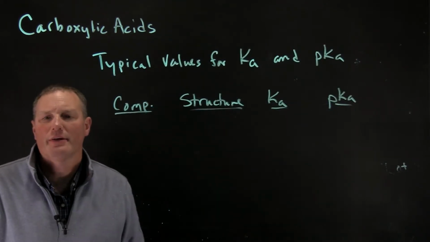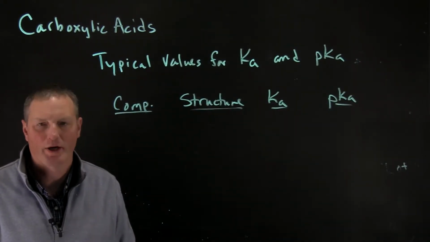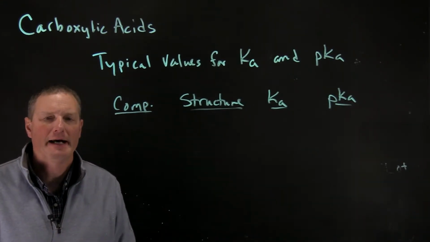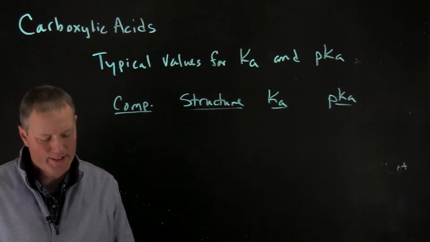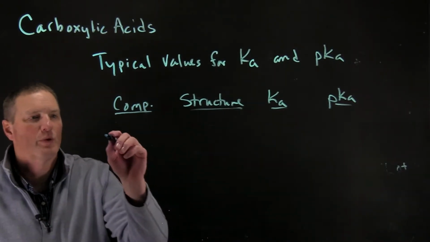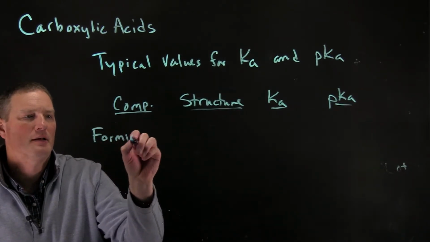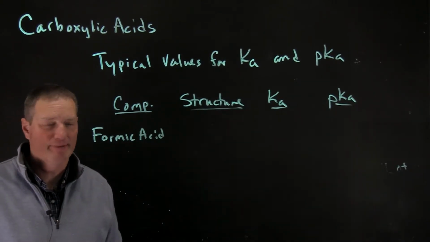So to get a feel of how to evaluate these Ka and pKa values for carboxylic acids, let's take a look at a couple simple examples. I'm going to draw out the structure, and then we'll show what the actual values are. For the first one, we're going to look at formic acid. This is a compound that's found in ant venom.